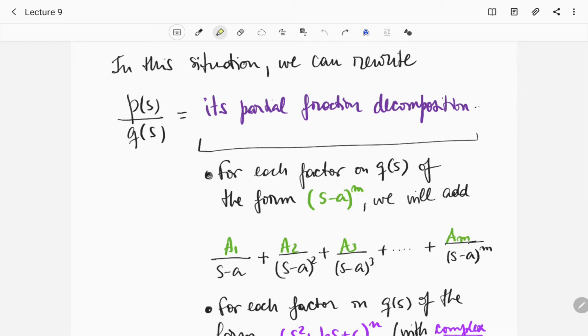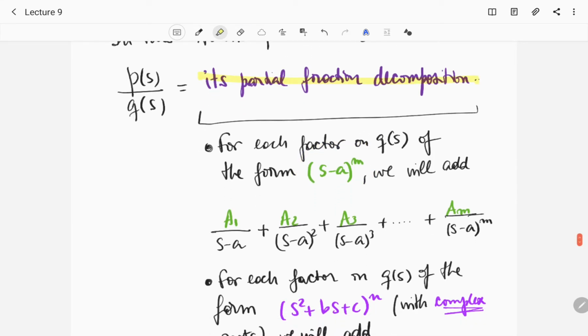What is this? For each q, this polynomial, we can factorize it. For each factor that q has of this shape, s minus a to the power m, we will add in this expression some terms.